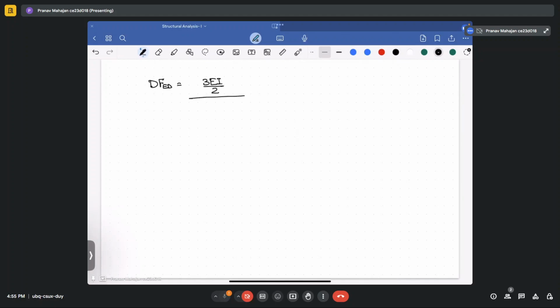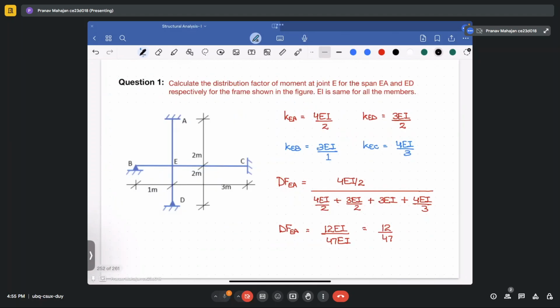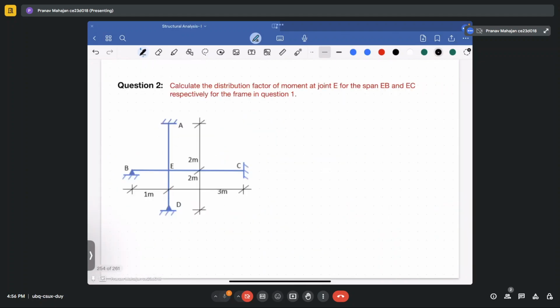So total we have already calculated as 47EI upon 6. That will become 3 by 2 into 6 by 47. That will become 9 by 47. So these are the two distribution factors you are required to calculate for this frame, and we have calculated that. Now let's move to another question.